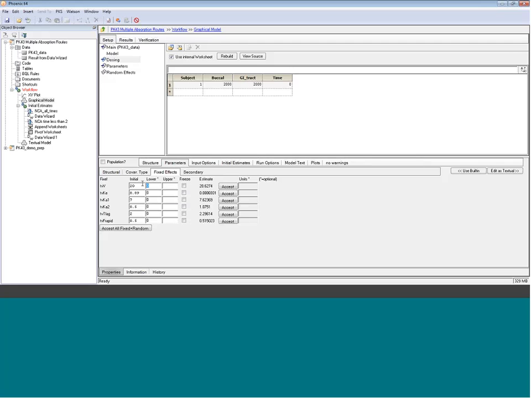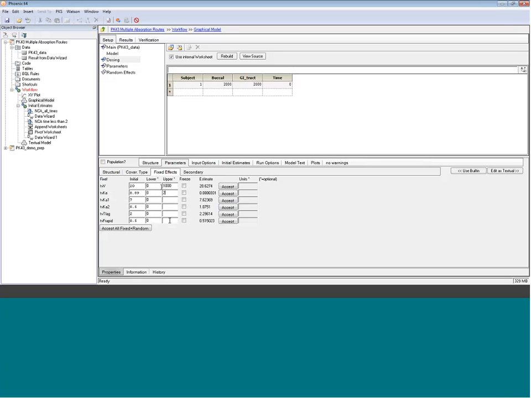We wouldn't have a negative volume, for example, and the same for rates, so lower bounds are all positive. If you want to constrain further, you might say that the volume of distribution should not exceed 1,000 because it would be nonsensical, or you might constrain the rate to no greater than 2. It really depends on the system that you're studying.